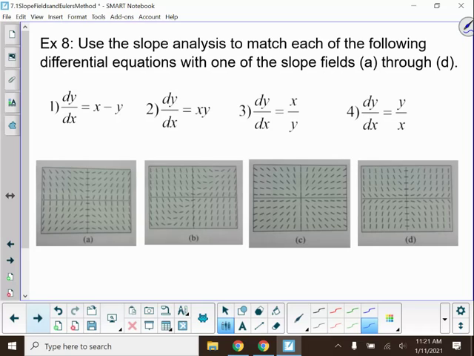Well, number 4, when x is 0, it's undefined. And so that would be straight up and down, because undefined would be a vertical line. So that means 4 has to go to C, because you can see here that has vertical lines there.